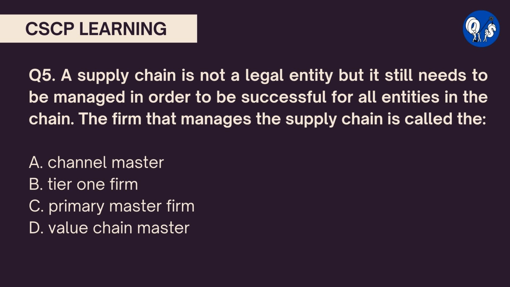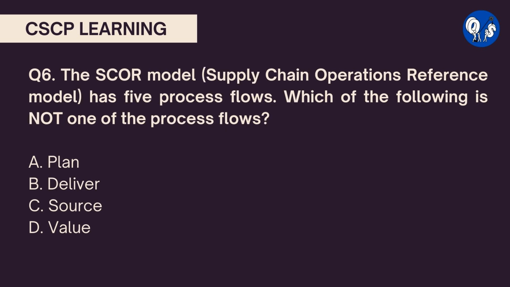The correct answer is A. Successful supply chains will have a channel master, also called the supply chain master. That is generally the strong firm in the chain. It could be a manufacturer or strong retailer, like Walmart comes to mind when we talk about this, the strong retailer that drives the supply chain to increase the value in the chain for the benefit of all the companies in the chain.